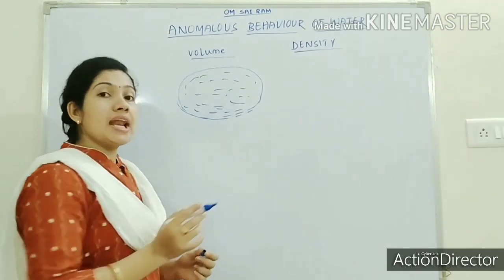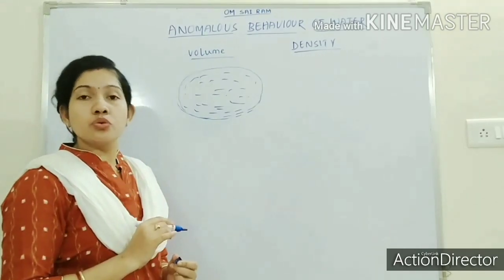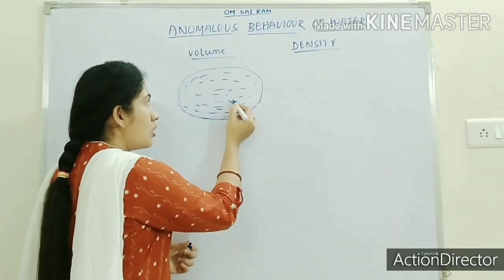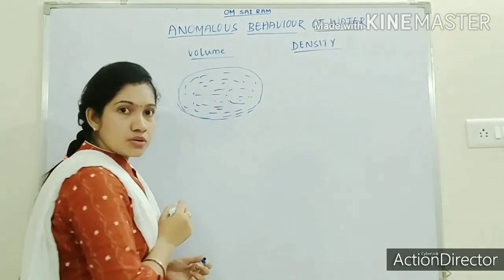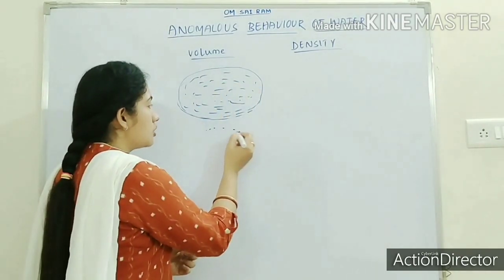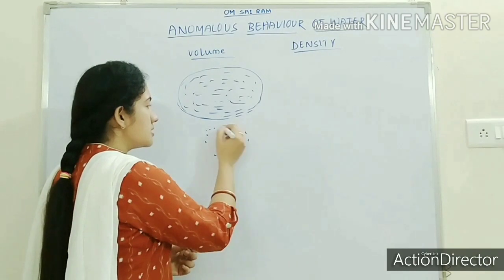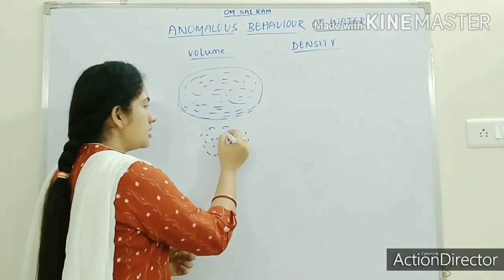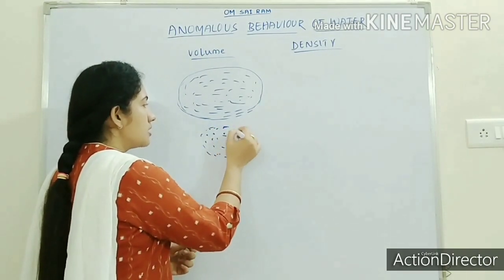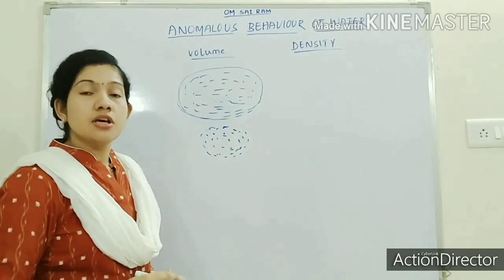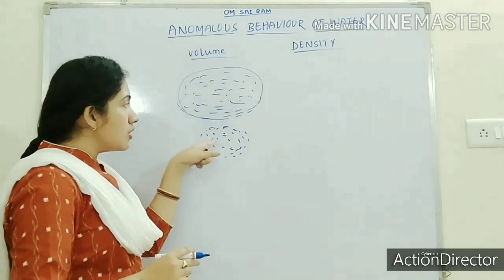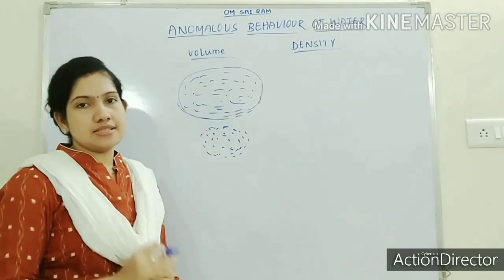But when we allow this water to cool, all these particles present inside water will come closer, isn't it? They will come closer and they will solidify into ice, so the volume of water will decrease.